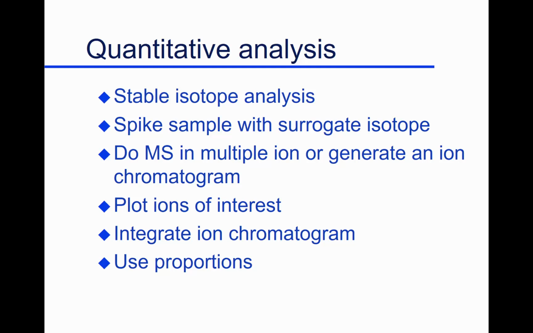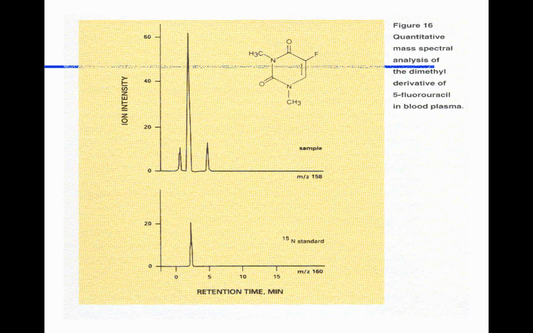So your sample has a known amount of this isotope and an unknown amount of the compound you want to measure. And then you can do your mass spectrometry, and you will monitor the mass of the internal standard, your isotope, and the mass of your unknown. And you can then do your quantification.